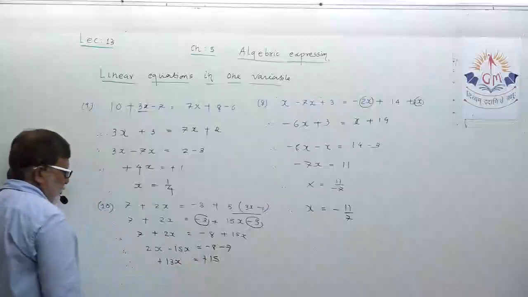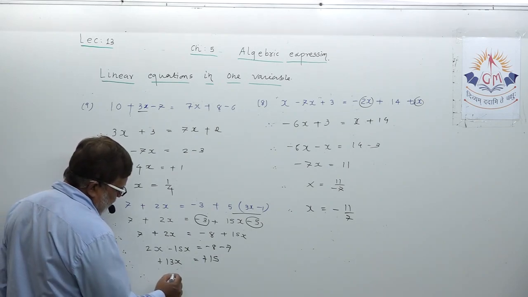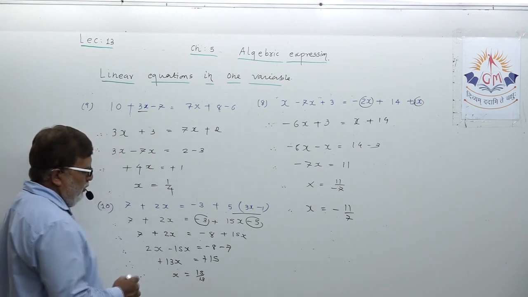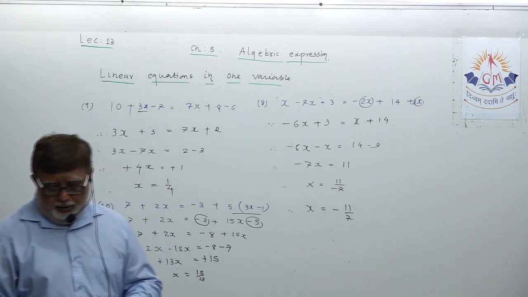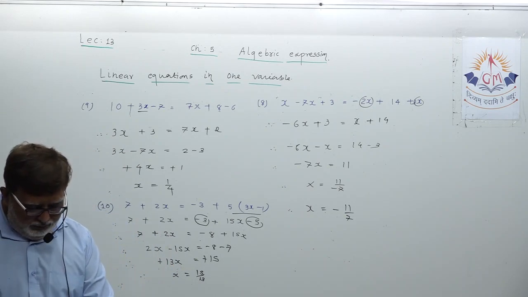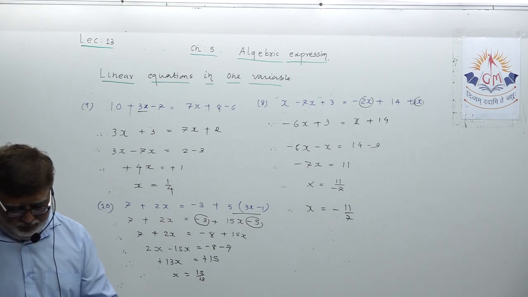Both the terms' sign is negative on both sides. Transfer this, x equal to 15 upon 13. You got the answer. If further cancellation seems possible, you have to do it. If it doesn't, then you do not have to do that. Understand?